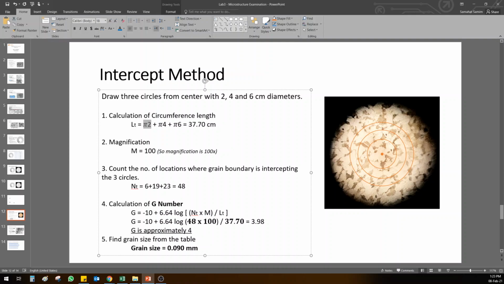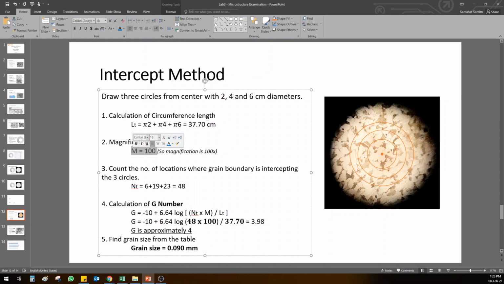I have pi multiplied by 2, by 4, by 6, and it gives me 37.7 centimeters for the circumference of these circles. Remember, the center point of all 3 circles is the same, which is here. The magnification, the M value I am using in this microstructure, is 100 because it is 100 times zoom in. So my M value is 100.